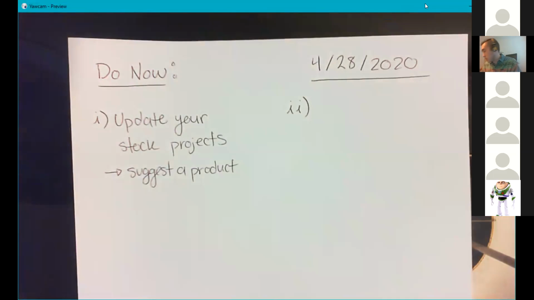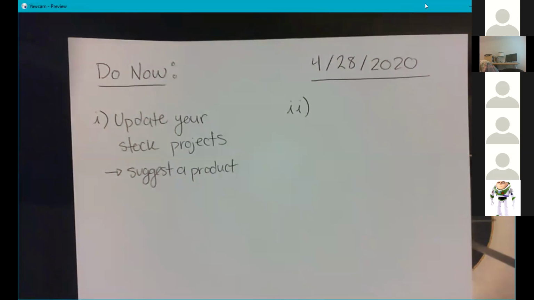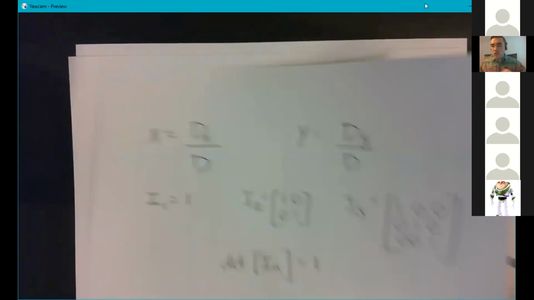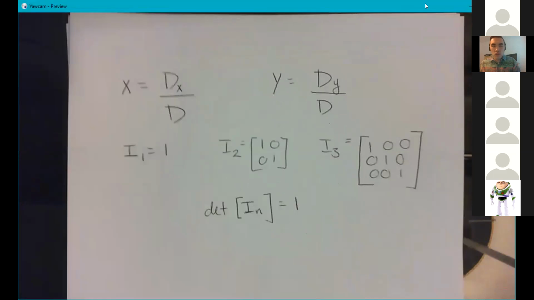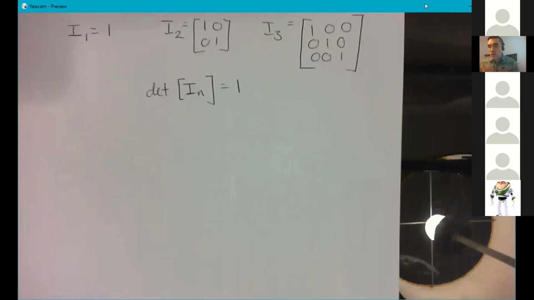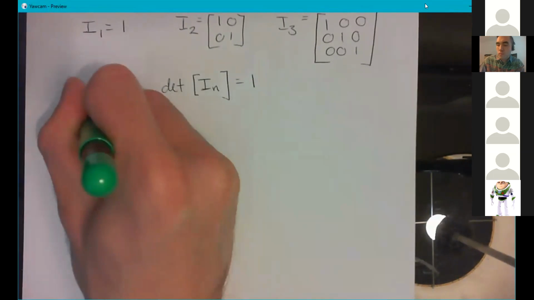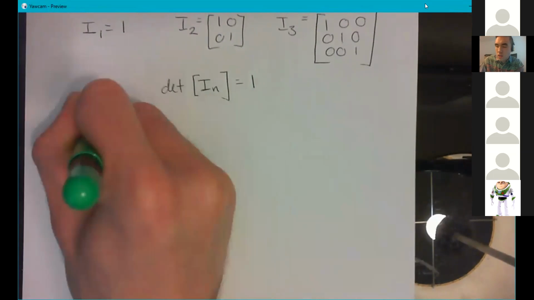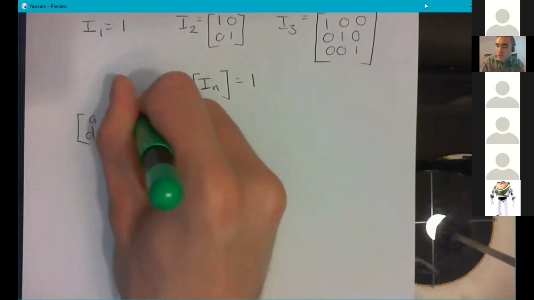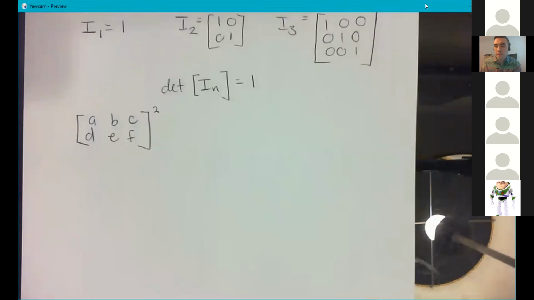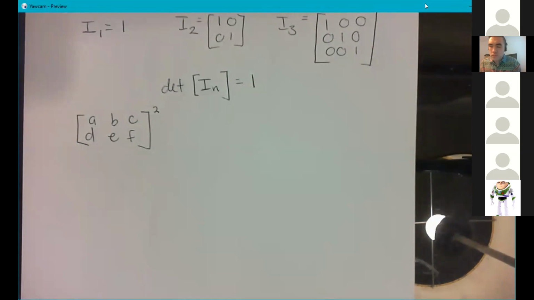But actually, just so that nobody freaks out, the thing that I'm about to write is obviously not on the test, it's just kind of interesting. Exponentiation is actually defined for matrices, which I think is wild. So if I were to ask you for the matrix with rows A, B, C and D, E, F, squared, what do you think that product is?